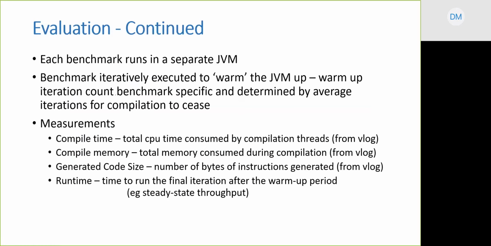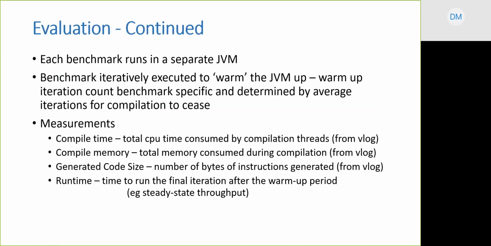Now, each of these benchmarks was run in isolation. So Eric would start a JVM to run that specific benchmark, like LuSearch, so there was only one thing that the JVM was trying to do. The benchmark was run iteratively, so we would run the benchmark again and again to give the JVM and the JIT an opportunity to warm up.